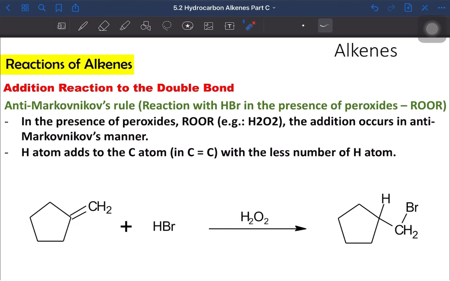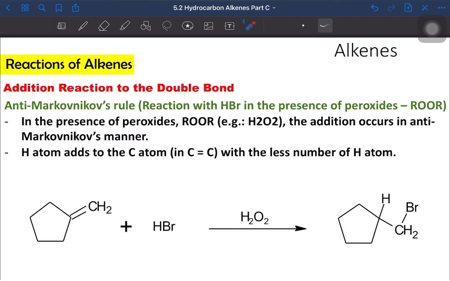Alright, now let's look into the reaction which follows anti-Markovnikov's rule. When hydrogen bromide, HBr, is added to an alkene in the absence of peroxide, it will follow Markovnikov's rule. However, when HBr reacts with an unsymmetrical alkene in the presence of peroxide, which has this O-O bond, the hydrogen bromide acts in the opposite direction to that predicted by Markovnikov's rule.